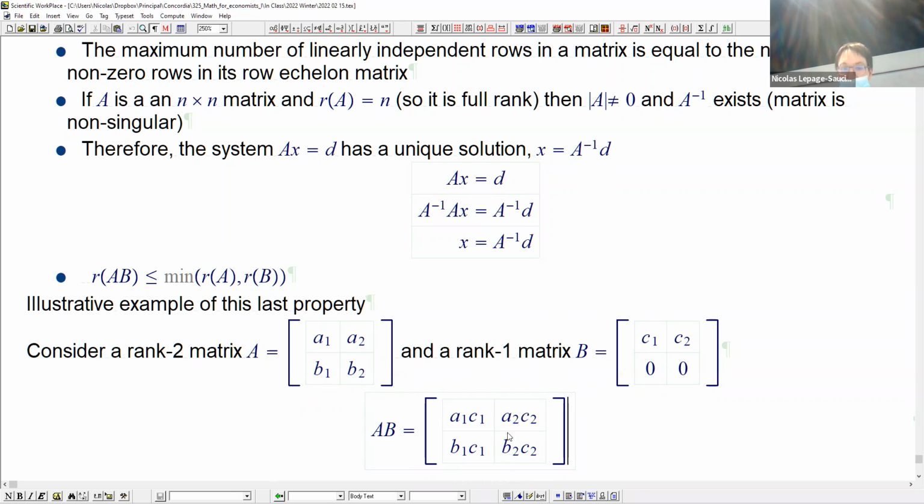Oh yeah, B1, sorry, otherwise my example doesn't work. So that's A1 C2. Okay, thank you. So now it works. So here you see that you have A1 B1 and A1 B1, so you have the same thing essentially. It's just multiplied by a scalar, and so that's exactly our definition of linearly dependent.